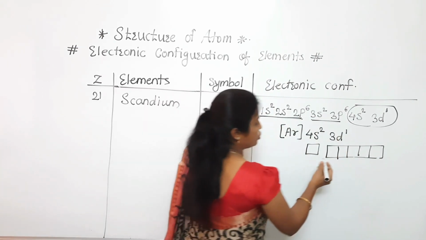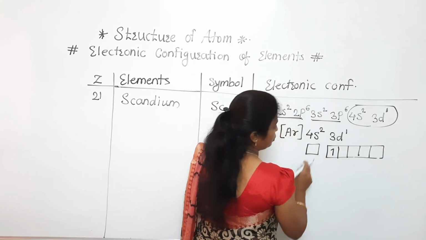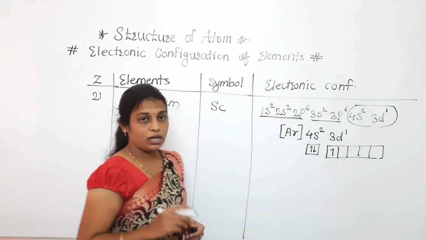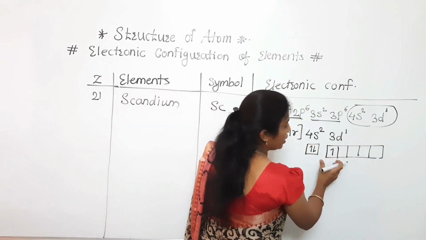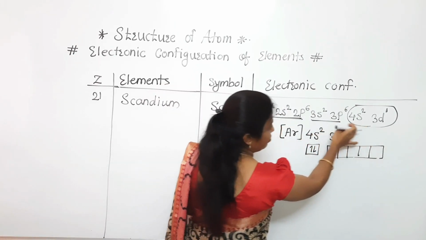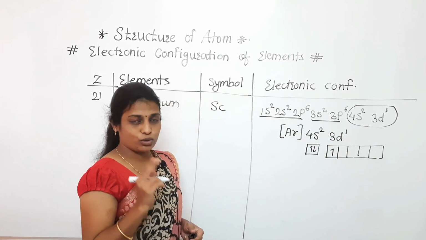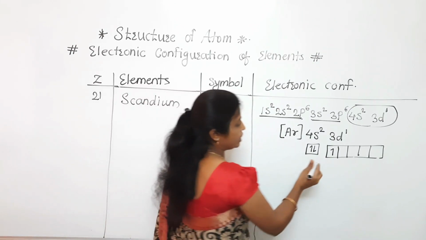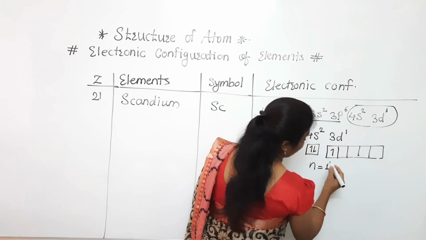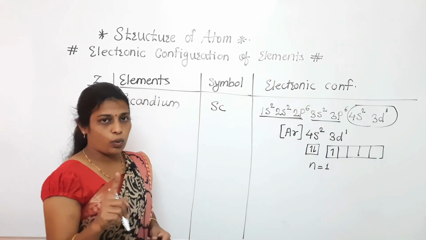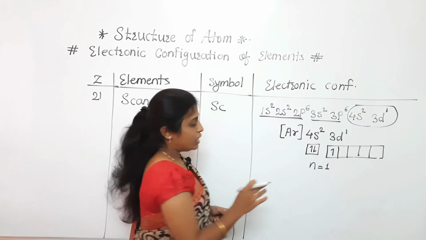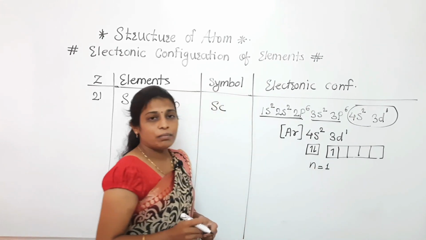Only 1 electron, so that will enter the first box, and in 4s 2 electrons are there, upward and downward. Here, how many unpaired electrons are there? All the others have 2 electrons, so all are paired, but here only one single electron is there. So we write the number of unpaired electrons, n, equal to 1. Keep in mind that here n is not the principal quantum number; it is the number of unpaired electrons.